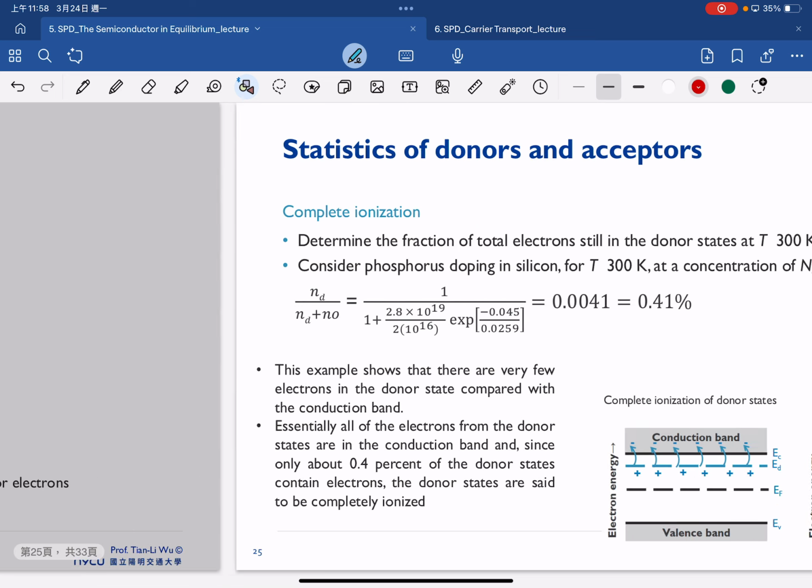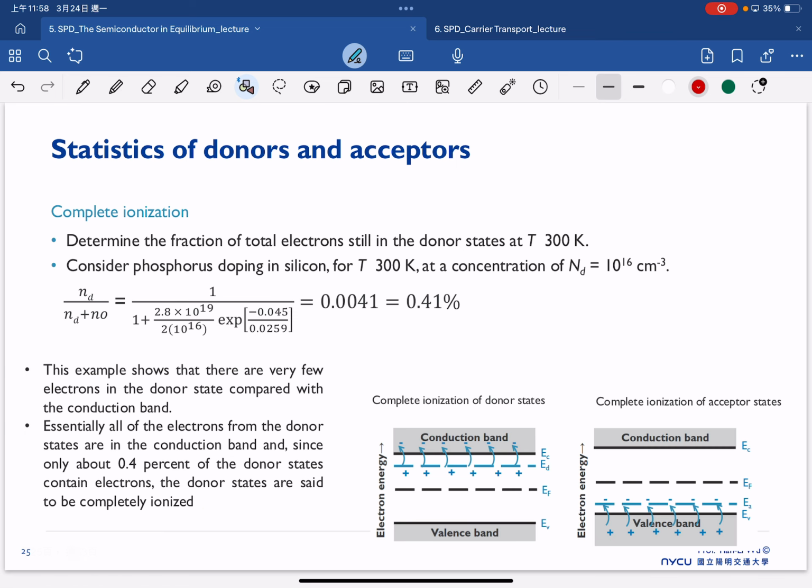The most important thing is to use this equation to understand the status of the ionization. So this is a question: determine the fraction of the total electrons still in the donor state. That means, once this donor state is being ionized, how many electrons are still left in this position?